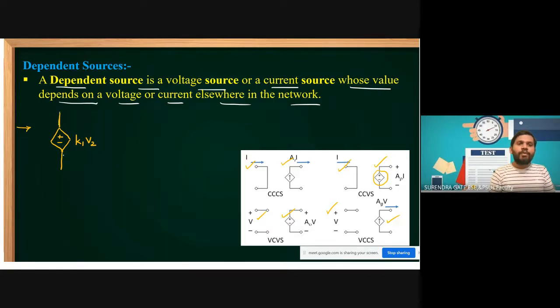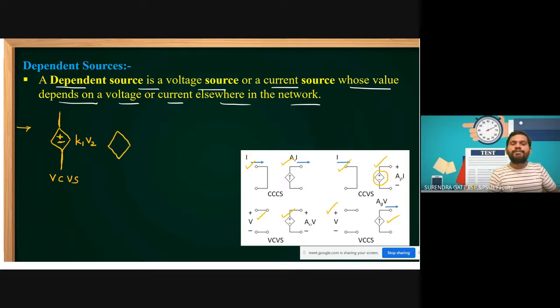Its value depends on V2, and since it has plus minus, it is a voltage source. The parameter it is controlling is voltage. That's why it is a voltage controlled voltage source. Understand?